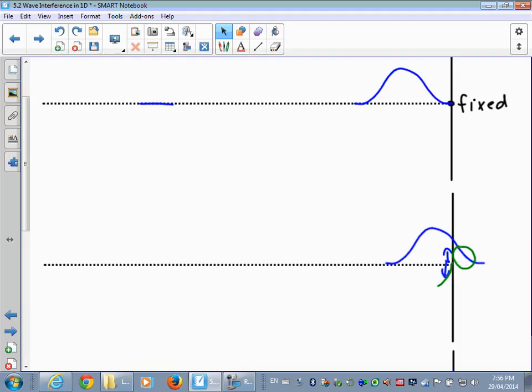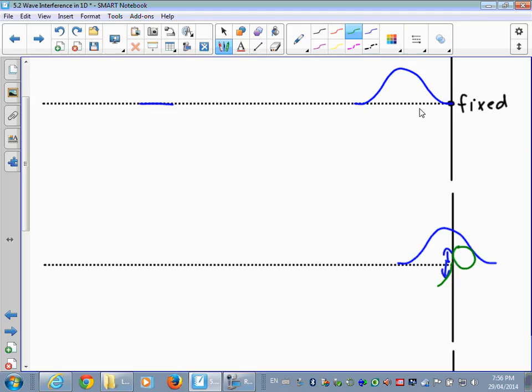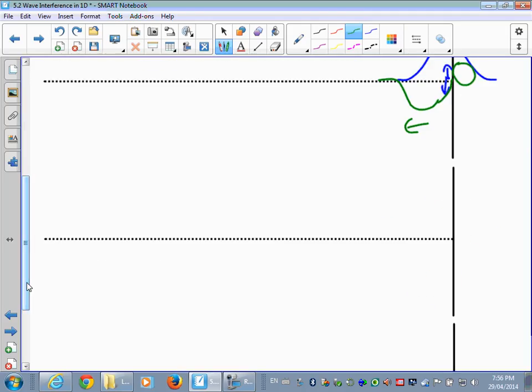When this thing continues to move, the wave basically keeps going on the other end and moves back. So you end up with the wave looking like this, not drawn to scale apparently. You end up getting this heading back the other way.